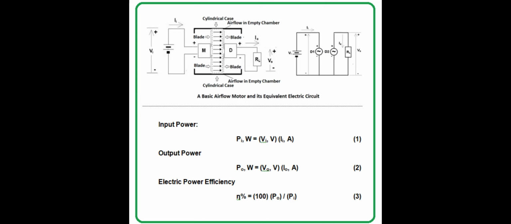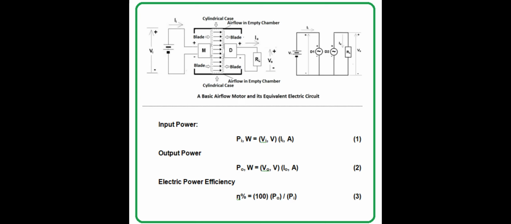These values will be displayed on the power supply screen. Let us call V0 and I0 the output voltage and the output current measured respectively by the voltmeter across the load resistor and the ammeter through the load resistor.